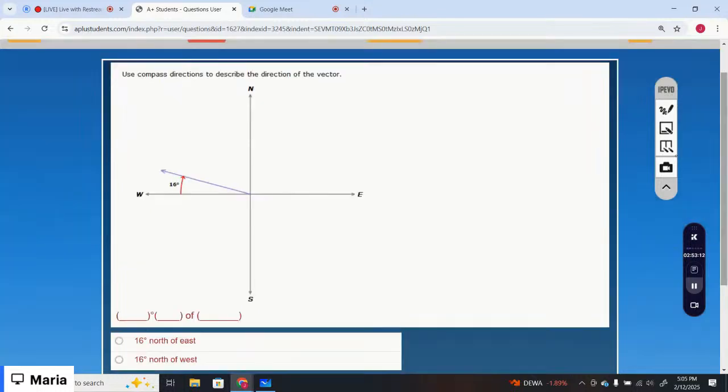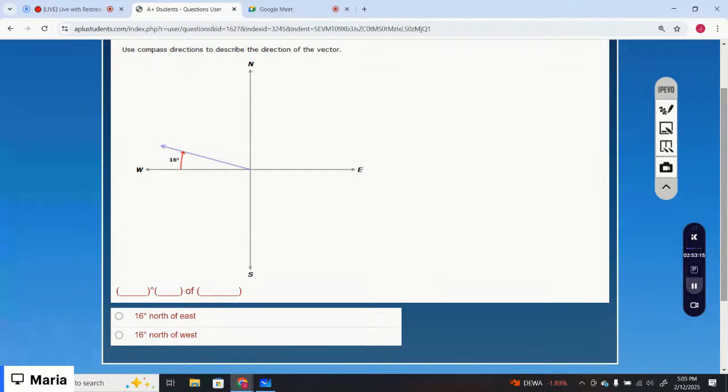Use compass direction to describe the direction of the vector. So the correct option is that is 16 degrees north of west.